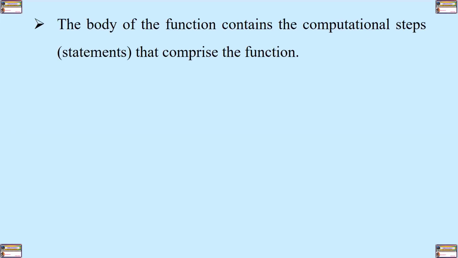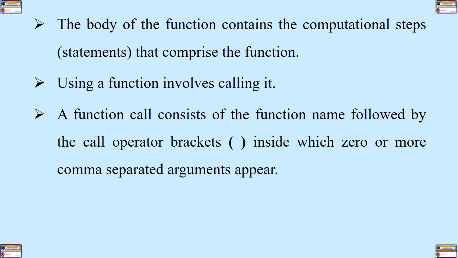The body of the function contains the computational steps or statements that comprise the function. Using a function involves calling it. A function call consists of the function name followed by the call operator brackets, inside which zero or more comma-separated arguments appear. In other words, if you are calling a function and that function needs to receive a value, you need to pass the value through the call statement.